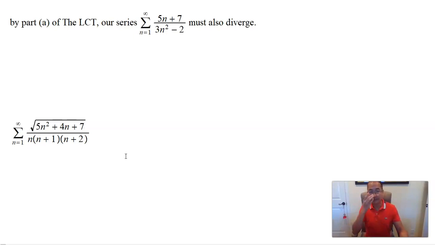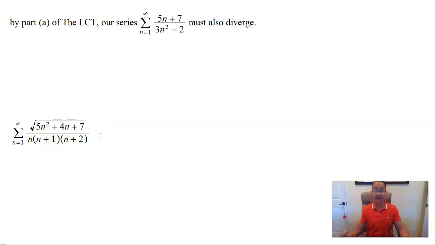Talk about ugly. All right, so we don't want to use partial fractions, because they don't work anymore. They don't work if you don't have a polynomial in the numerator. And you probably don't want to use the ordinary comparison theorem either. Kind of nasty.